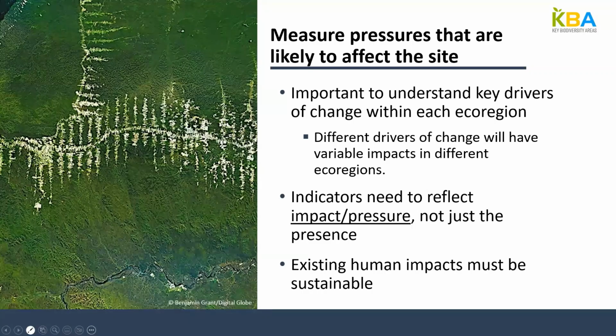And then once you've identified the key drivers of change, you will need to reflect on the impact that that particular driver of change is having at the site, and then identify indicators that have a large impact. So, for example, in two different sites, roads could have two very different effects. In site one, roads could lead to reducing large mammal densities because of hunting.